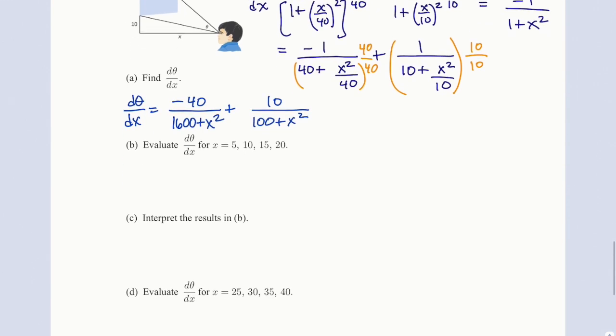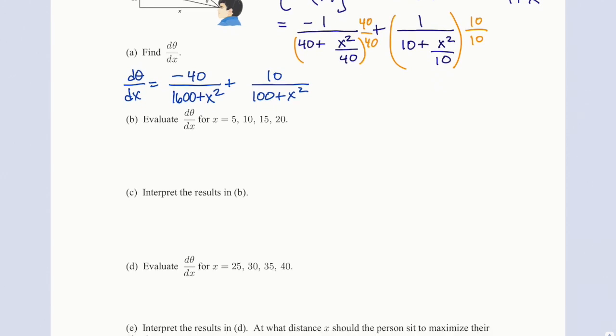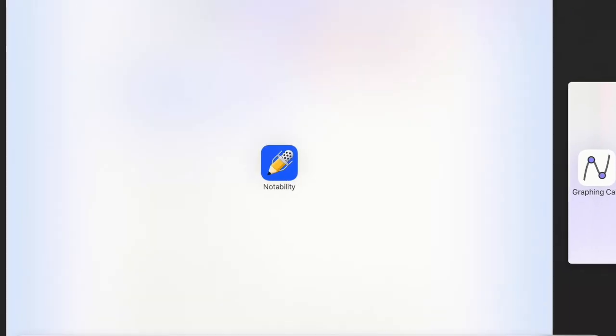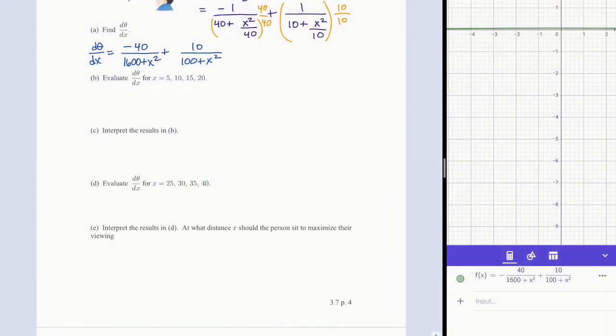Next, we're asked to find d theta dx for x equals 5, 10, 15, and 20. And I think I have this set up in GeoGebra. Since we're doing a bunch of values, it's easiest if we just look at a table. And we're asked to do first 5, 10, 15, and 20, and then we're asked to do 25, 30, 35, and 40. So I have, I think, all of these here in this table.